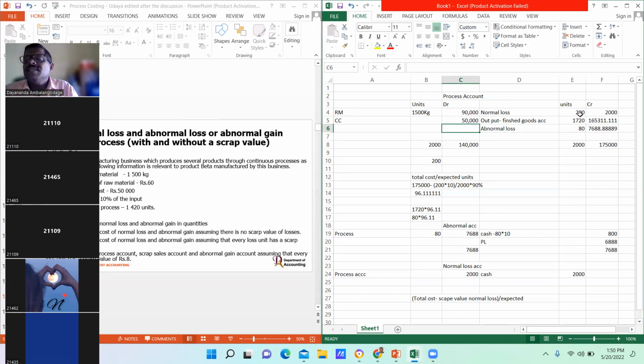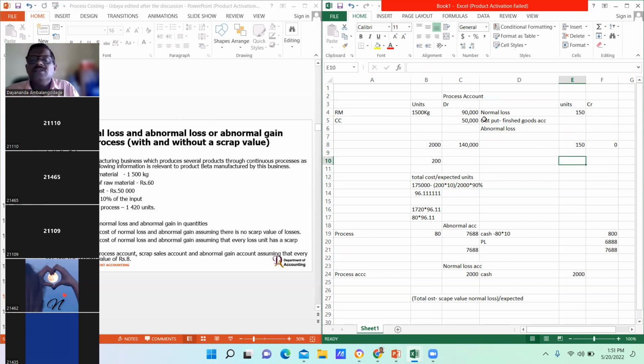Normal loss 10% means how much? 150. How do you calculate it? 1500 kg into 10%. We don't know the value here yet, and I'm deleting this data. This one also I'm deleting. What I did was I entered the data given in the question.